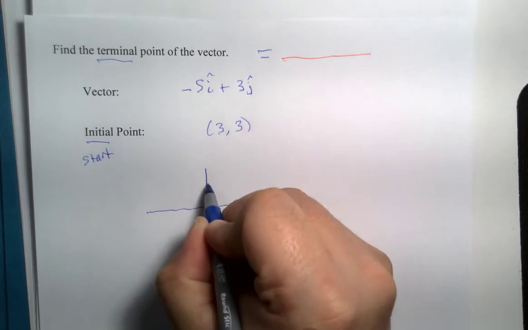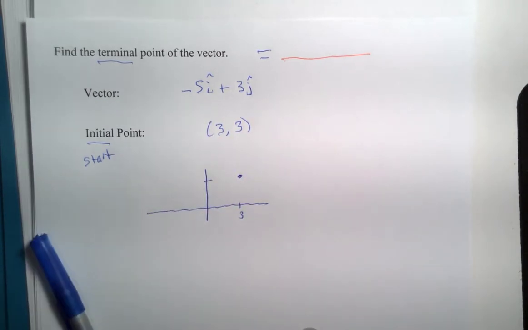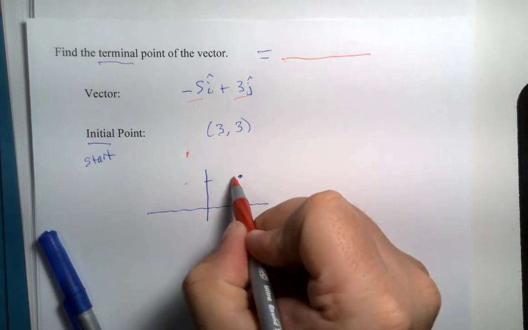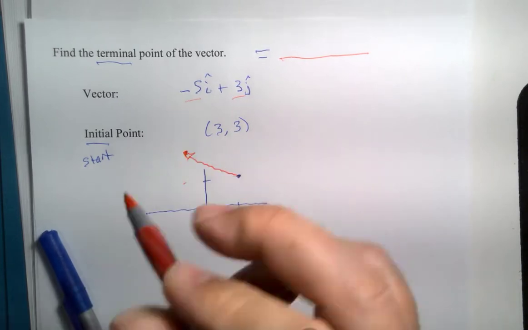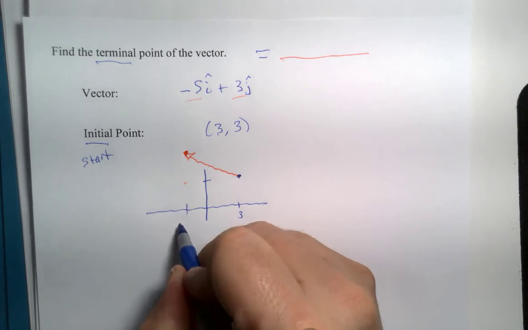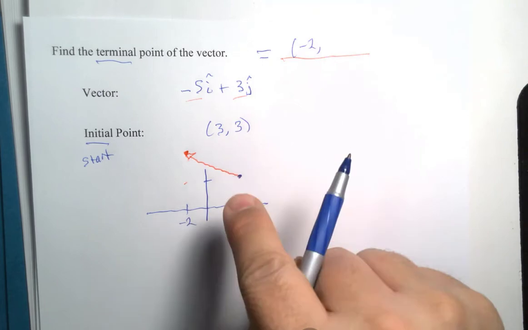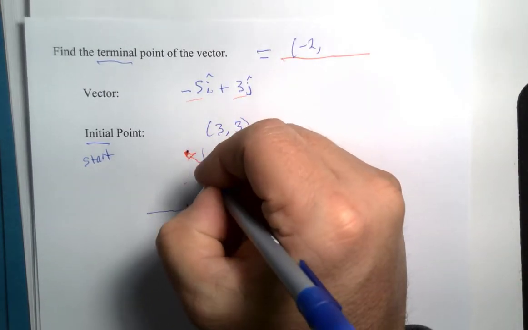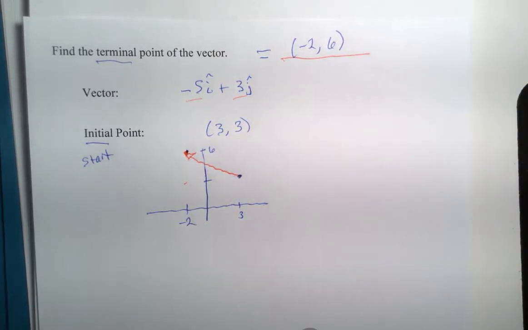If you start at the point 3, 3 and you go left 5 units, left 5 and up 3, what is that new point that we just ended at? Well, I think you will find if you go left 5 units, that's 2 units to the left of the origin, negative 2. And if you start 3 units up and you add 3 more units, that is 6 units up. So negative 2, 6 would be your terminal point.